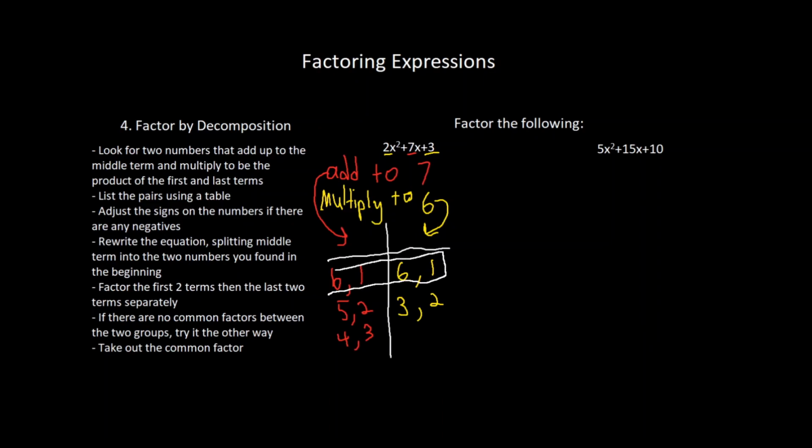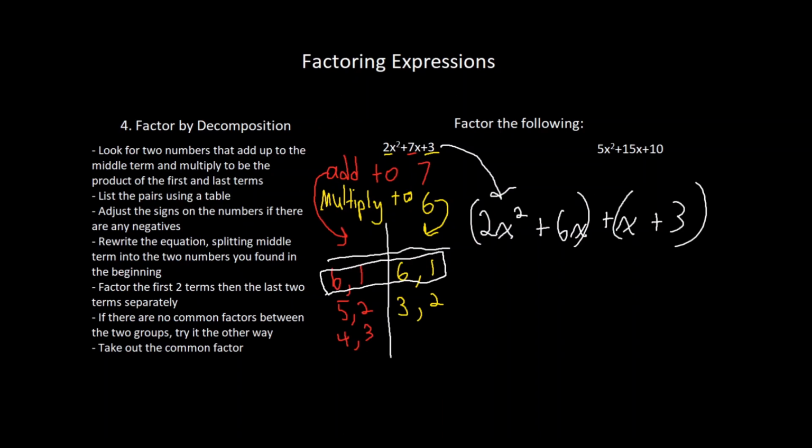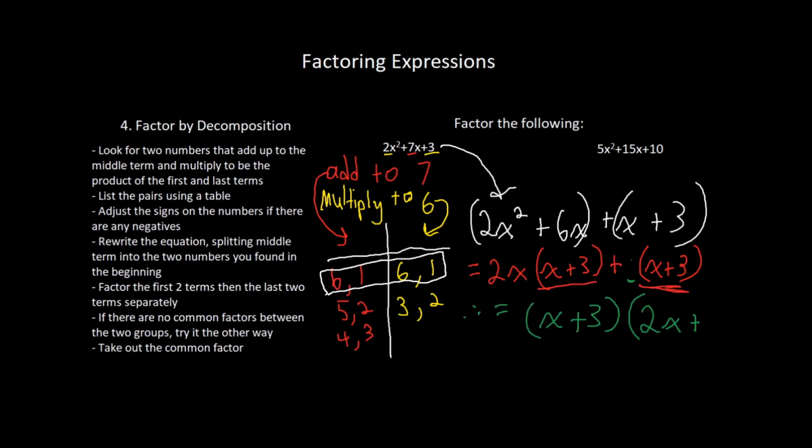We rewrite the equation so it becomes 2x squared plus 6x plus x plus 3. When we factor the first two terms, we get 2x multiplied by x plus 3. The last two terms are already x plus 3, so we can leave it. We see here that there is a common factor of x plus 3 between the groups, so we can factor it out, making it become x plus 3 all multiplied by 2x plus 1.